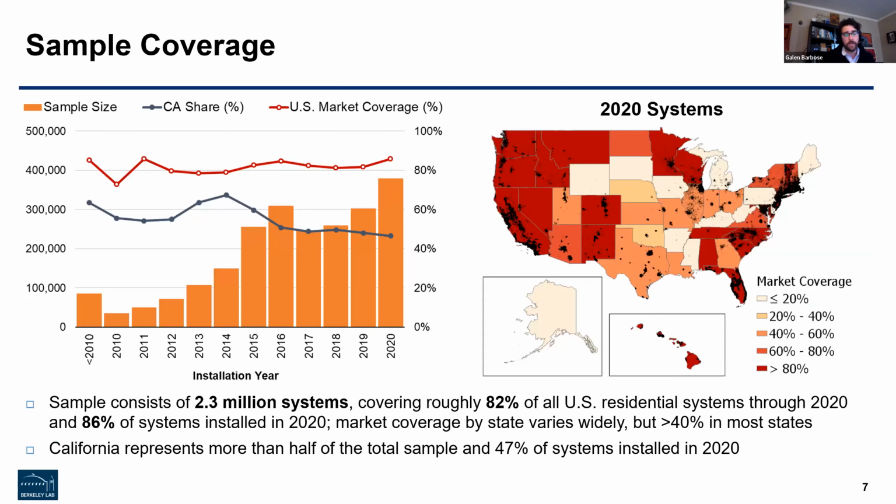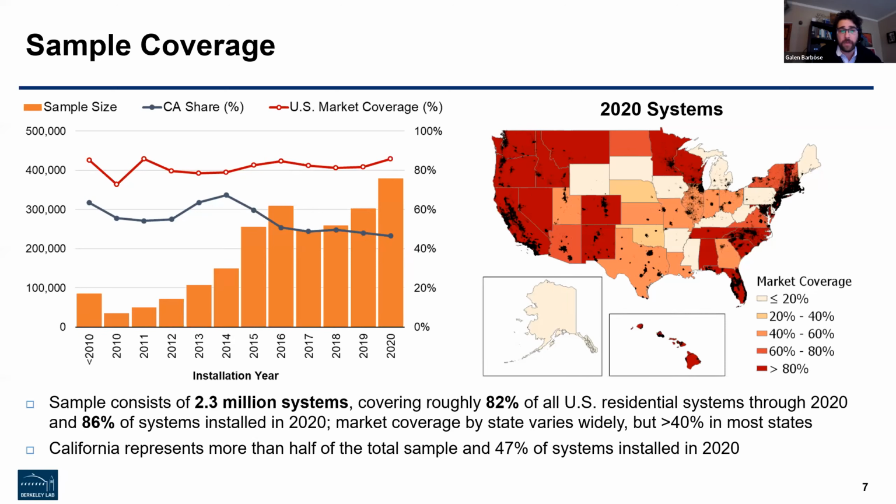So that's the data. Here we just provide a little bit of an overview of our data coverage. On the left-hand side, we show our sample size over time. That's the orange bars. The red line shows our sample coverage, so what fraction of all residential PV systems in the US are captured in our sample, and you can see it's pretty consistent at 80% or so over time.